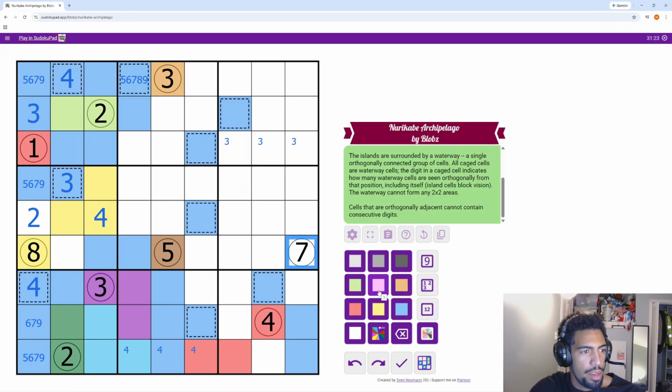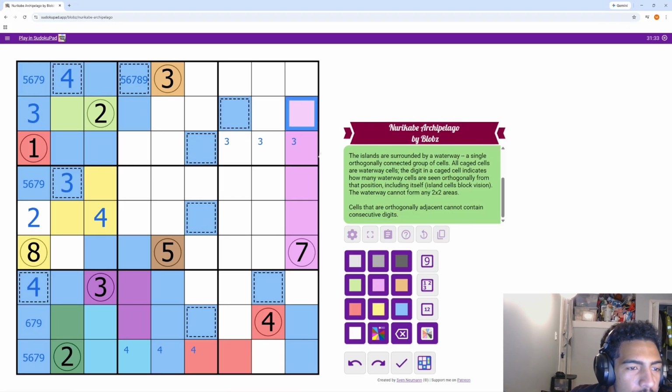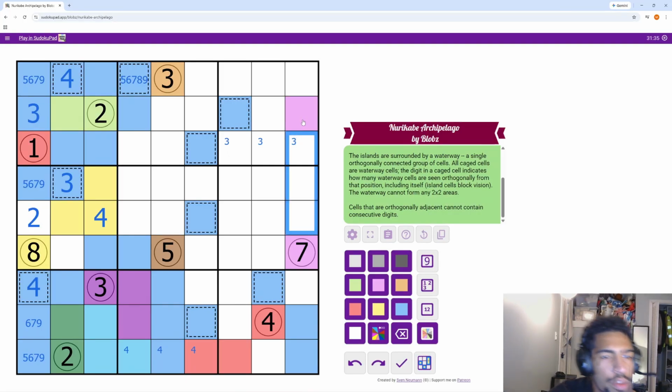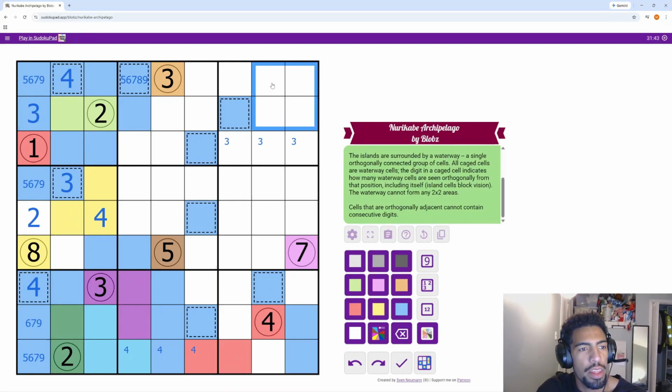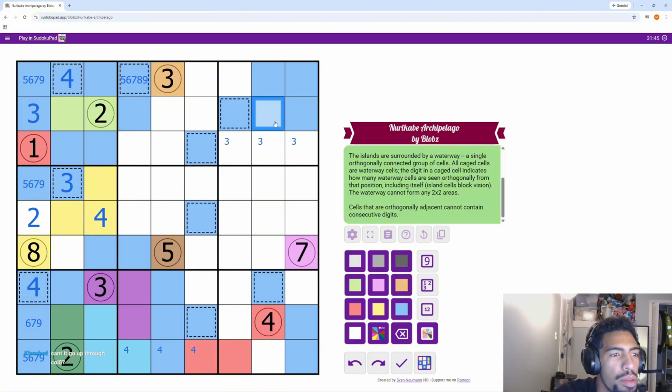let me make that pink. The 7 has to like get up to at least here, right? At least here. Well, maybe not all of those, but the 7 has to be at least this digit. Because I need to prevent this from being all blue.